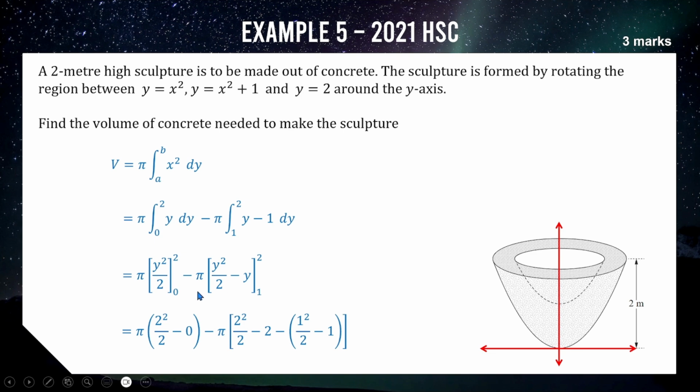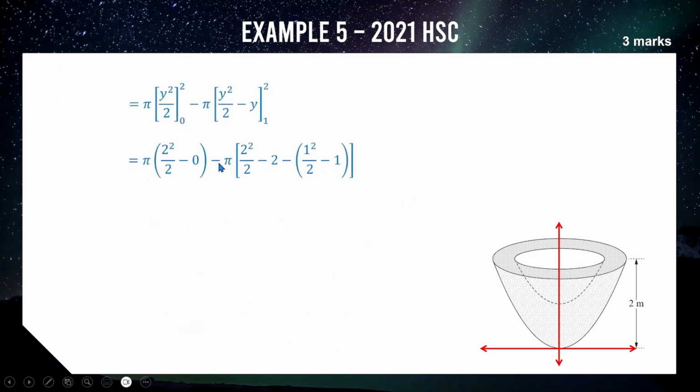Okay, thankfully these numbers are pretty friendly and it does simplify quite nicely, making a bit of space. So up here, we're going to get 4 over 2. So we're going to get 2. So the front term is looking like a 2 pi. For the second term, we have a 2 here, taking away a 2, and then we have minus a half, and then we have plus 1, because the negative makes a plus.